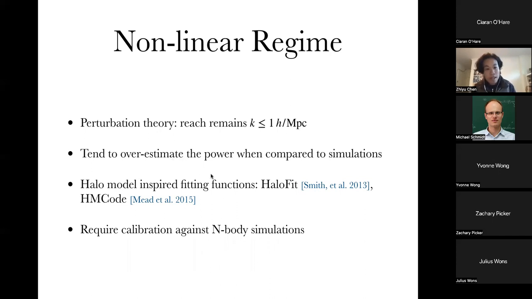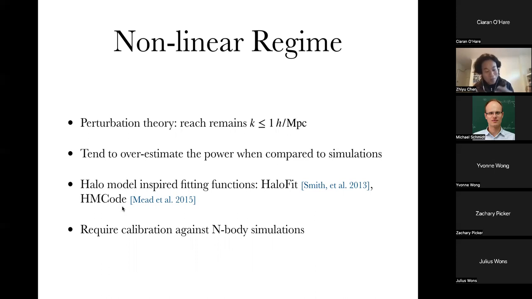So without doing a proper nonlinear calculation, it's hard to say exactly how well it can do. And then there are also other halo model inspired fitting functions like HaloFit and HMcode that claim to be able to reach down to k further than 1, k of 2 to 5. But these require calibration against N-body simulations, which is a nonlinear calculation. So it's kind of like the classic chicken and egg question. The N-body simulation being the egg has to come before the chicken of anything else you want to do.